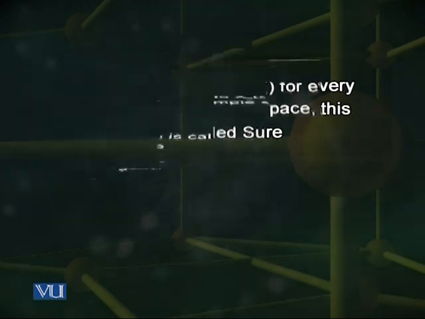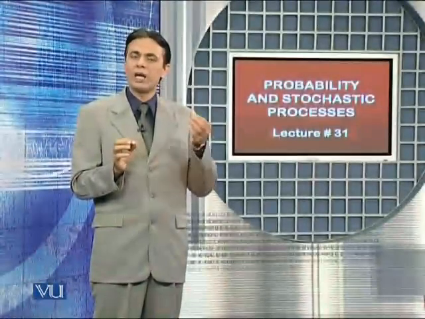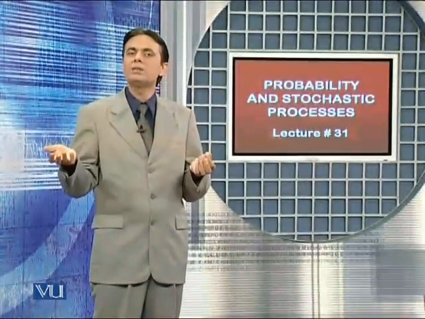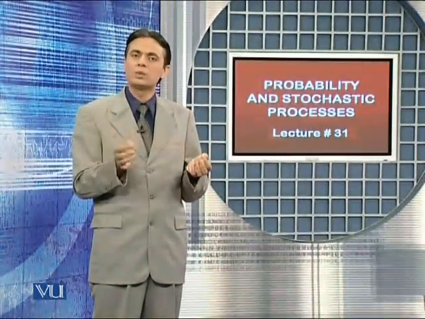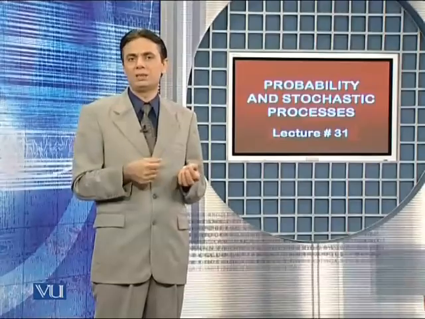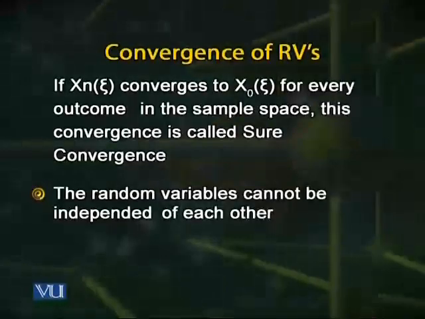So sure convergence is very strong. For every outcome you get a sequence of numbers, and that sequence of numbers converges to a number which is the value of the destination random variable. Please note one thing. This collection of random variables, if they are converging in sure convergence criterion, then they cannot be independent of each other.